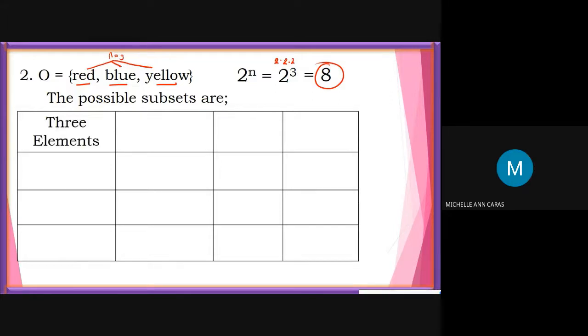What are those? It simply includes the elements of set O: red, blue, and yellow. What comes next after 3 elements? We have 2 elements. What are these 2 elements?